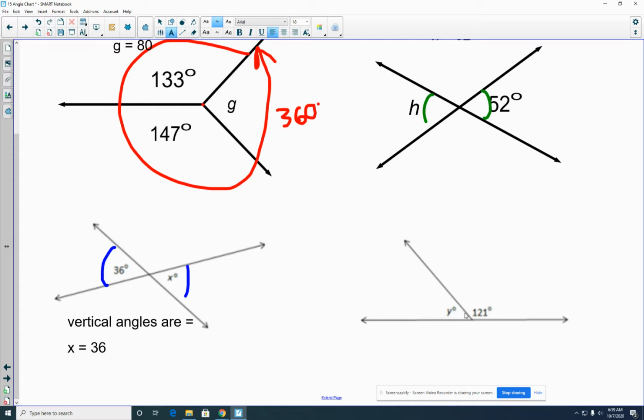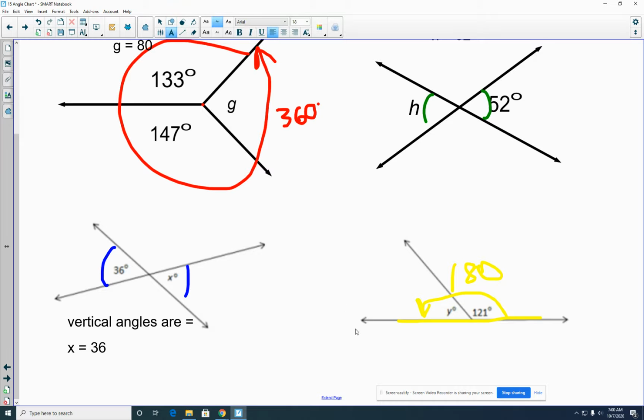All right, this one down here. For this one, it looks like I have a straight line, and there's two angles on the line. So these are a linear pair. And if you remember, linear pairs sum to 180.